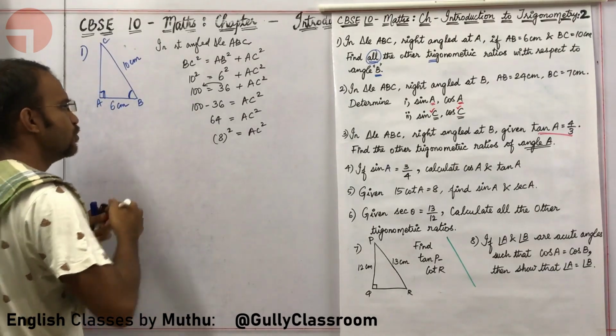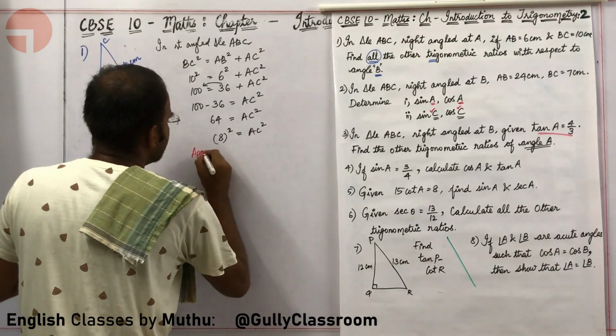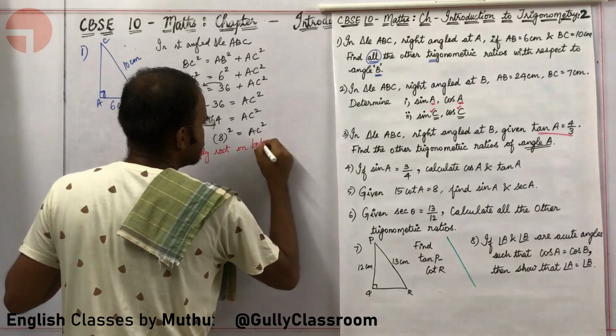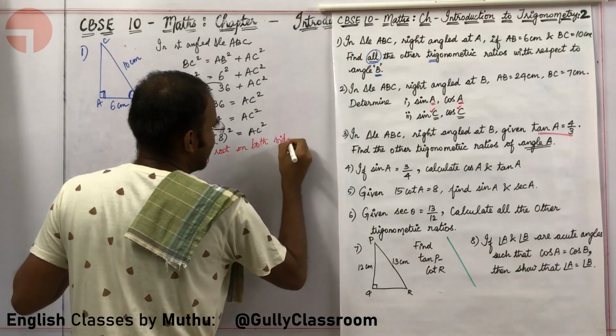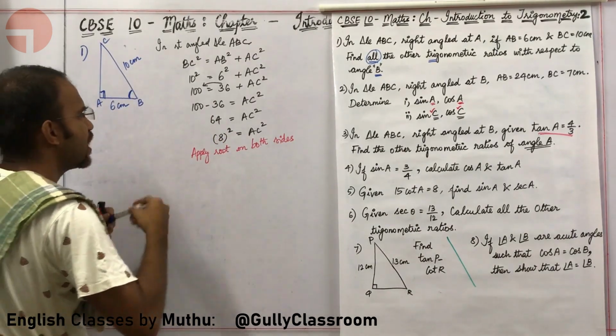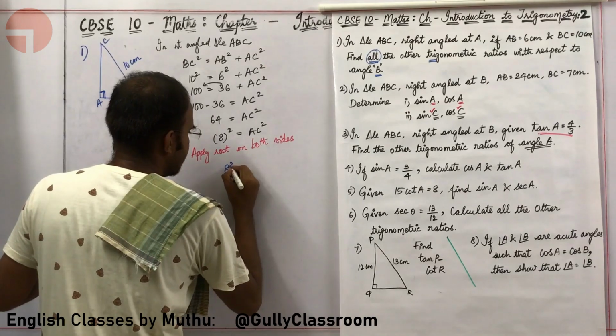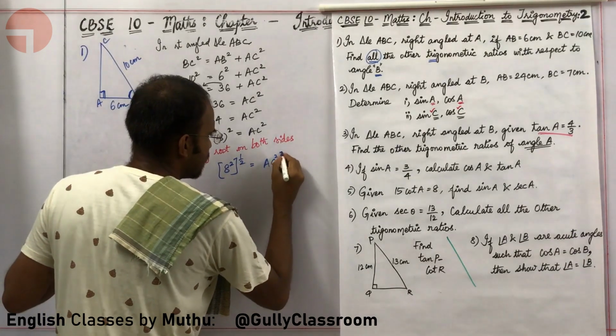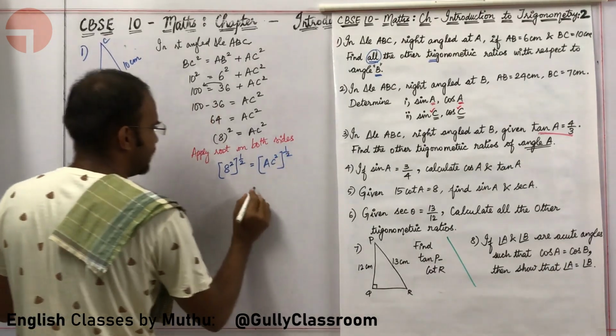What are you going to do now, sir? I am going to apply root on both sides. What is root? Root is an idea where on both sides we will be taking a power of 1 by 2. So 8 square we will take to a power of 1 by 2, and AC square we will take to a power of 1 by 2.